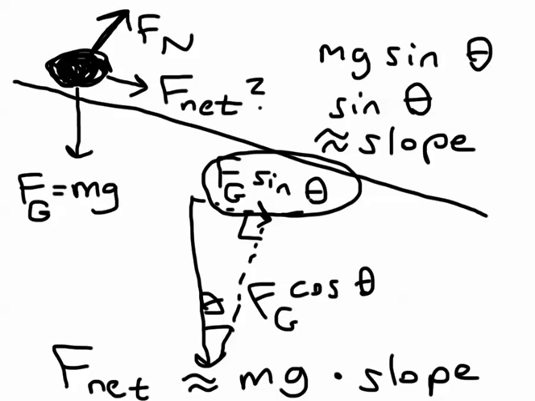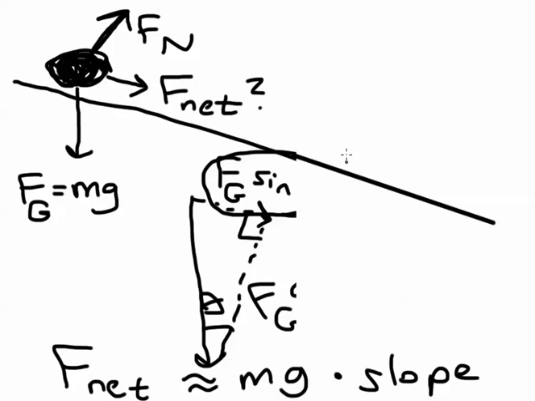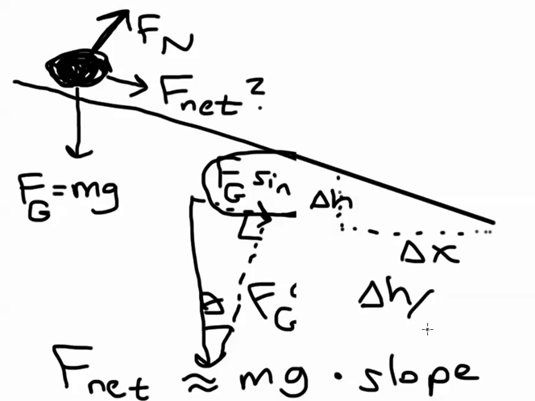Just as a reminder, the slope of the hill is found by taking the rise over the run. So if this amount is delta h and this amount is delta x, then the slope is delta h over delta x.